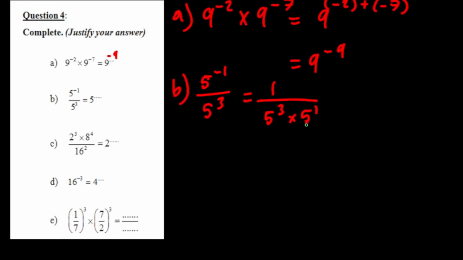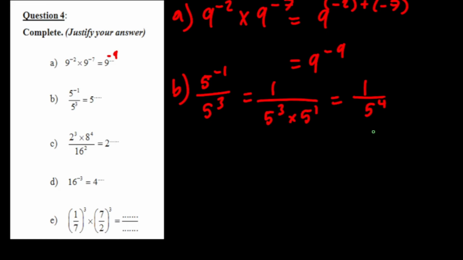So now that we have two numbers with the same base, we add the exponents, giving us 1 over 5 to the power of 3 plus 1, which is 4. So we need to write it in the form of 5 to the power of something. So take 1 over 5 to the power of 4 and make it 5 to the power of something.